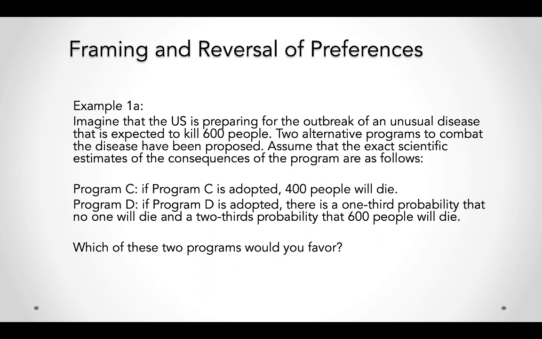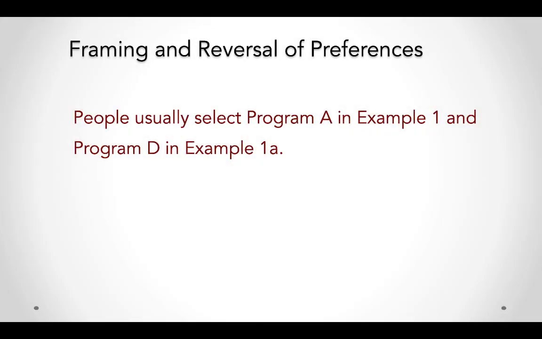Now, obviously you notice that Programs A, B, C, and D are exactly the same in mathematical terms, right? 200 people will be saved means 400 will die, and so are the probabilities if you calculate them. People usually select Program A in example 1 and Program D in example 1A.